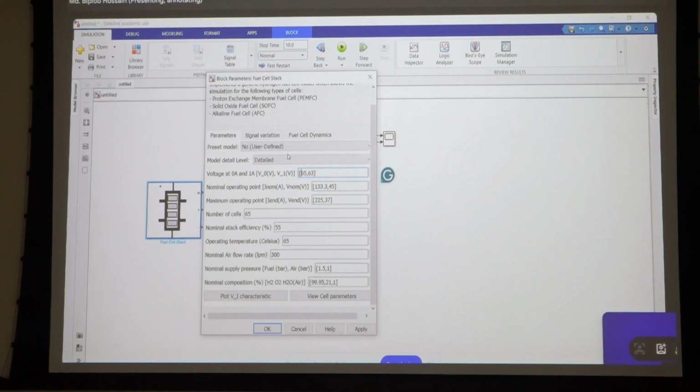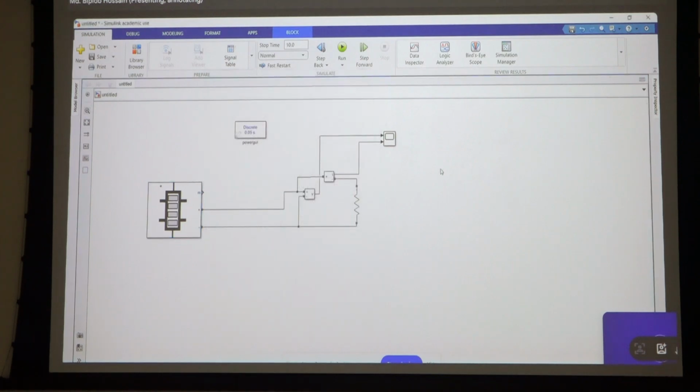Or if you have any manufacturing values that you are collecting from literature. Biplav, her question is, I understand that if you use user defined, you still don't need to write the equation. It uses the inbuilt equation with the input parameters you provide. But what she is asking is that she is not going to use this model.